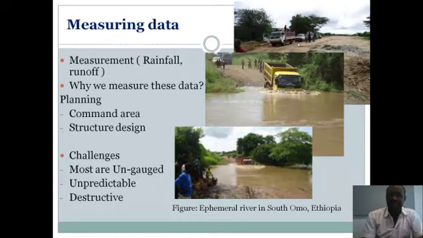The other reason is that those resources are unpredictable and also destructive, and measuring practically on the ground is very difficult. This all adds up to data not being available for planning and design in those areas.